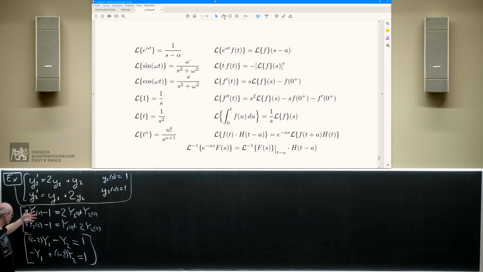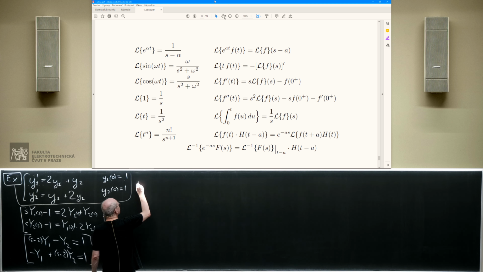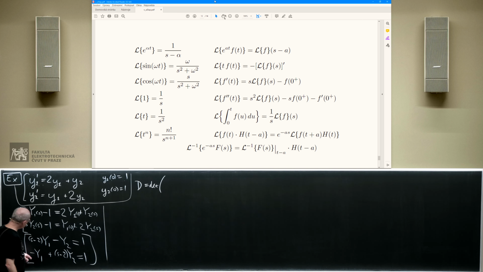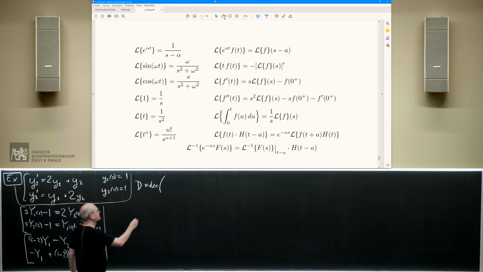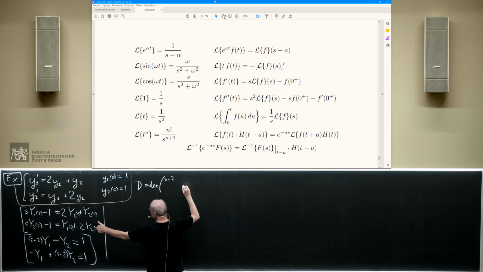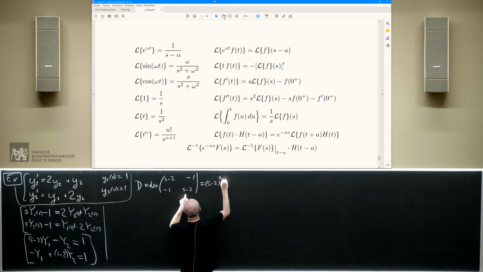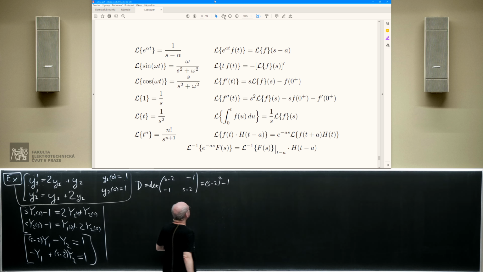I could use intuitive elimination or Gaussian elimination. When you have a system with functions, sometimes it's actually interesting to use the Cramer rule, which you normally never use. So here's the Cramer rule. What is the determinant of the system? Well, I'm looking for the matrix, which means I'm looking for the coefficients. s minus 2, negative 1, s minus 2, and the determinant is (s minus 2) squared minus 1.